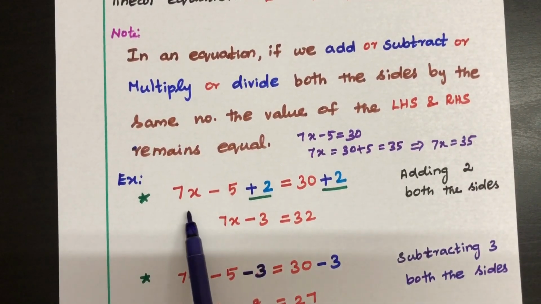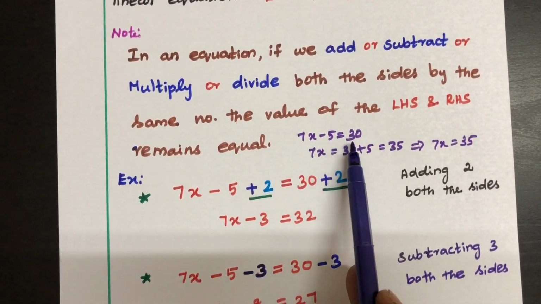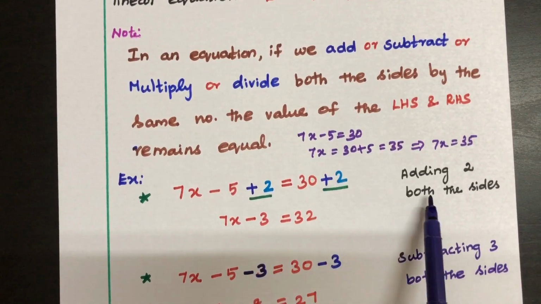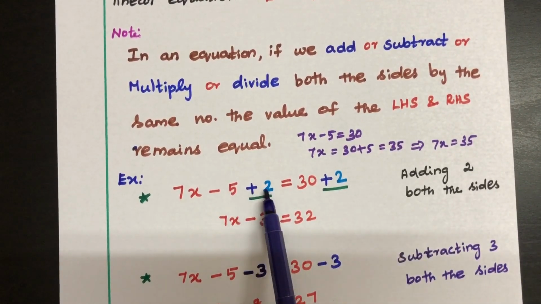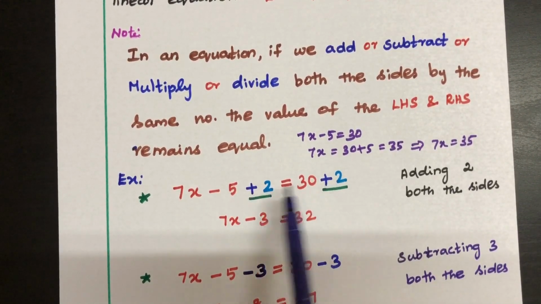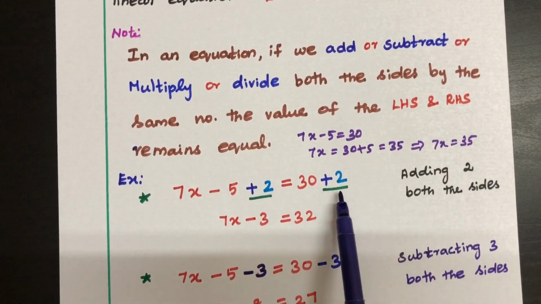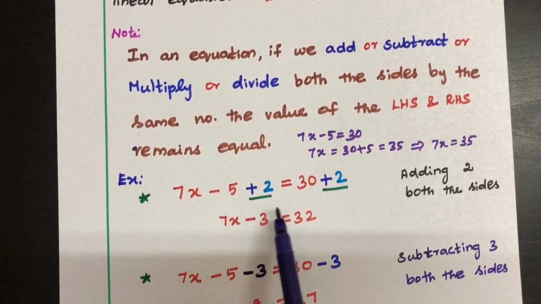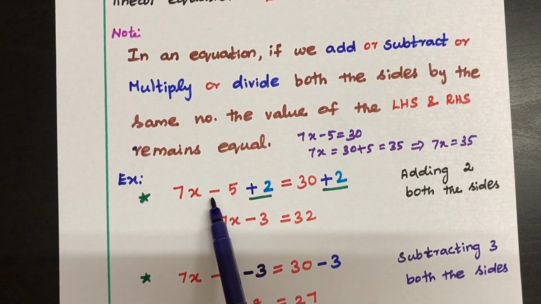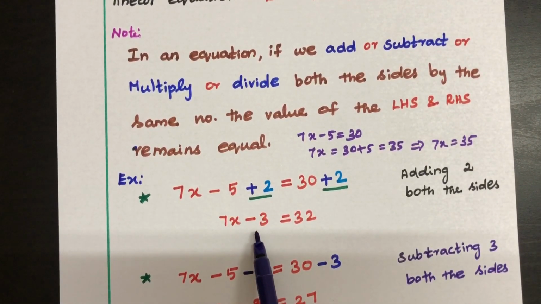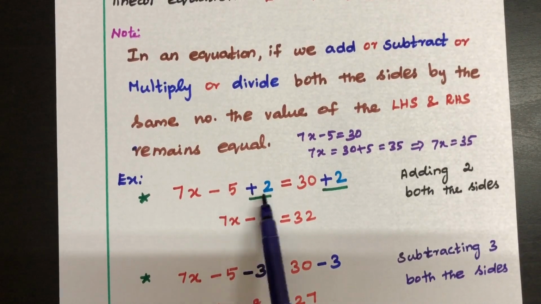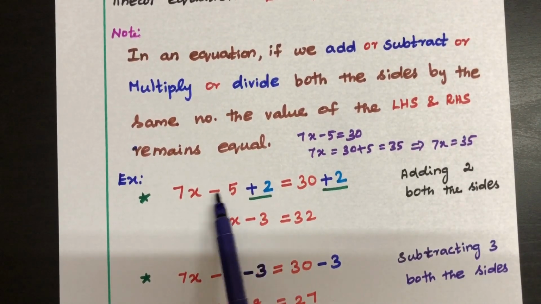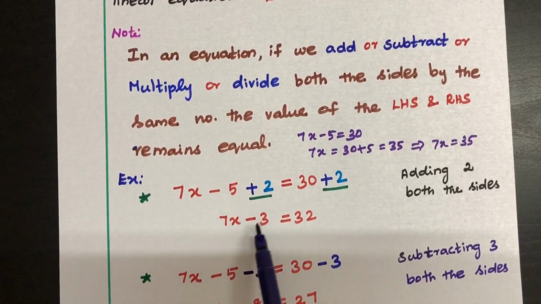Now, in 7x minus 5 is equal to 30, I am going to add 2 on both the sides, plus 2 in the LHS and plus 2 in the RHS. That means left hand side and right hand side. So what will it become? 7x minus 5 plus 2 gives us minus 3. Different signs, so subtraction with the negative sign. 5 minus 2 gives us 3, but the bigger number has the minus sign, so minus 3.